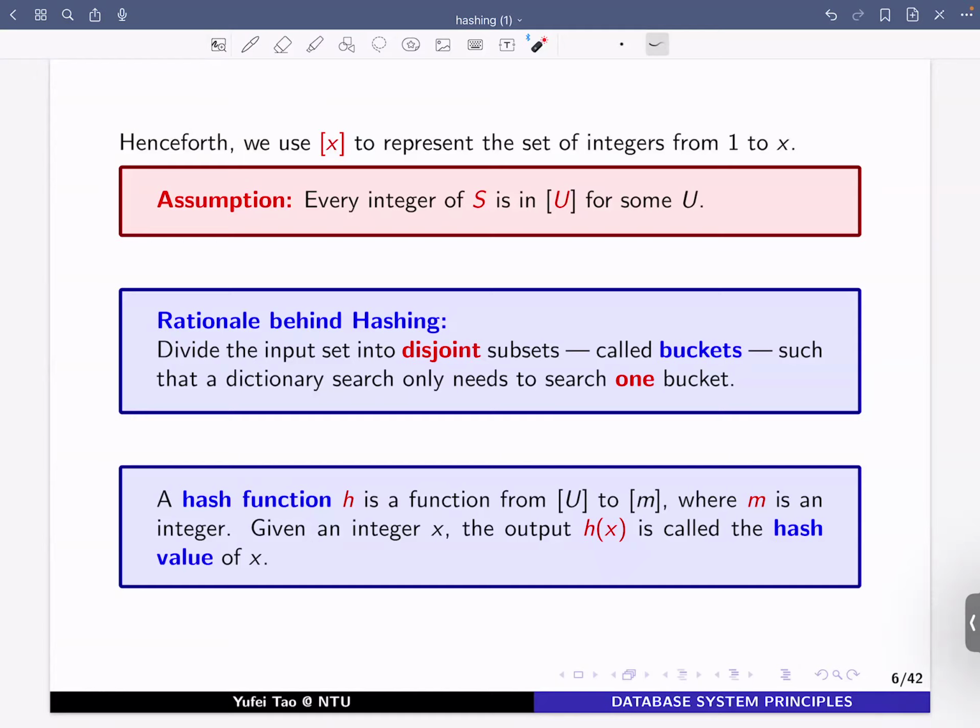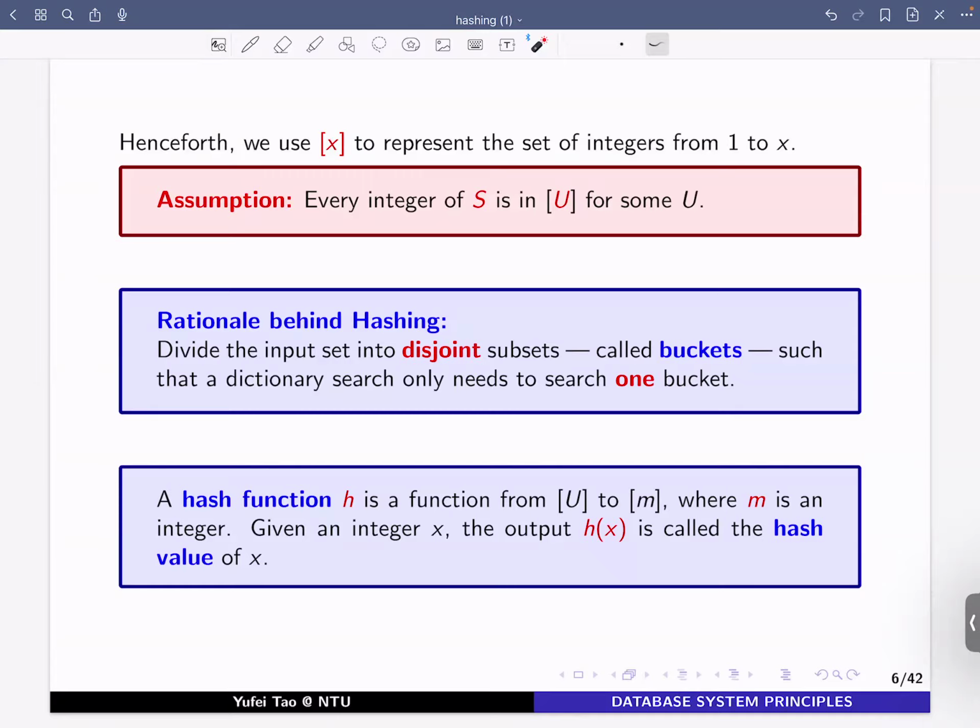Why? Because in practice, for example, every integer gets represented by maybe 4 bytes, which is 32 bits. So indeed, you only have 2 to the power of 32 different integers there, right? So you can set this u to 2 to the power of 32.